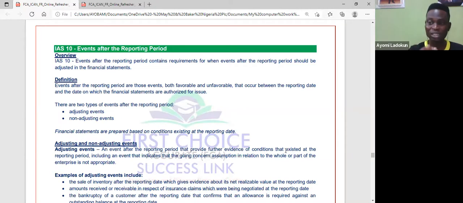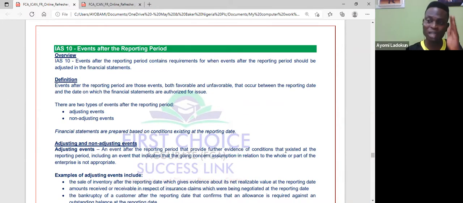So those are the conditions that must be met before you can classify an asset as held for sale. And the measurement criteria is that assets held for sale are measured at the lower of their carrying amount and fair value less cost to sell. So you need to take note of that.